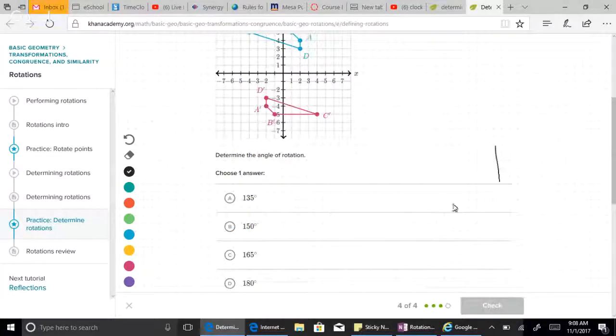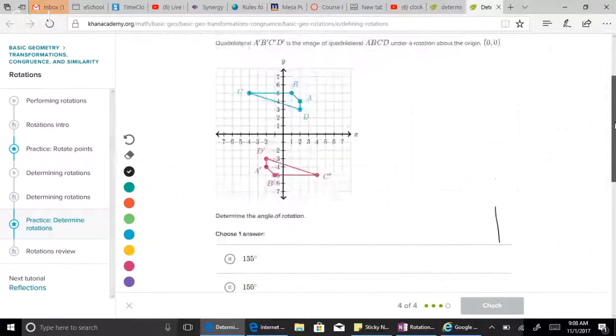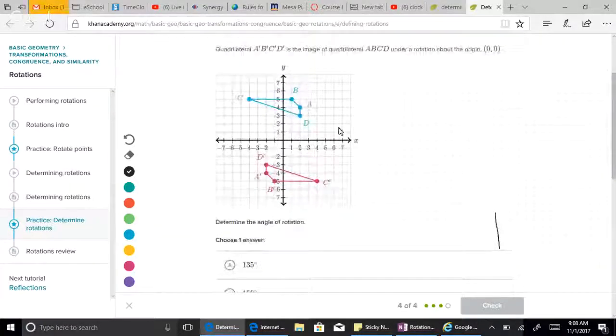Okay, now we're looking at this shape. It started here and moved down here.